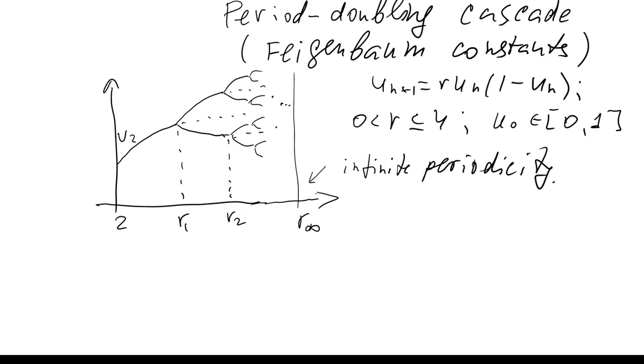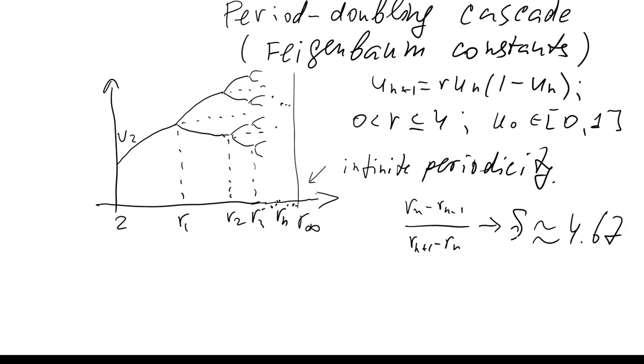So this is say R3, then somewhere here will be Rn, and so on. So the first Feigenbaum constant was about the limit of this ratio, (Rn minus R_{n-1}) divided by (R_{n+1} minus Rn), and this tends to the first Feigenbaum constant, which is roughly 4.67.